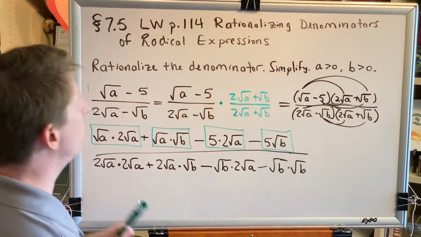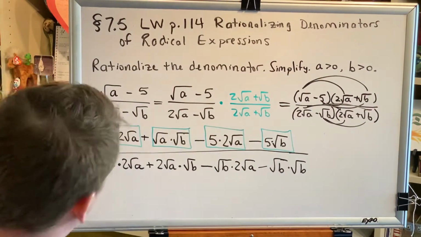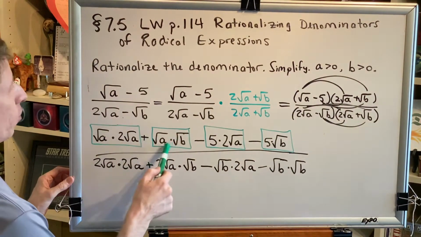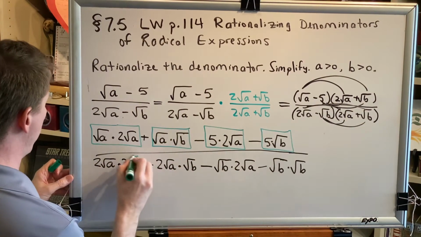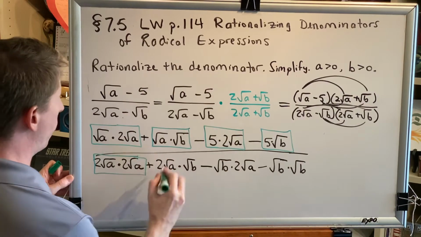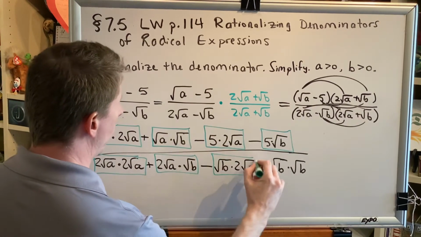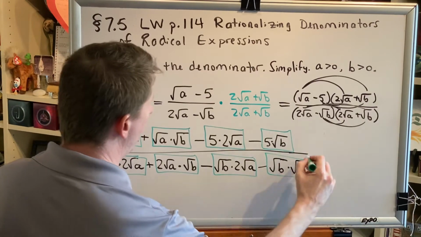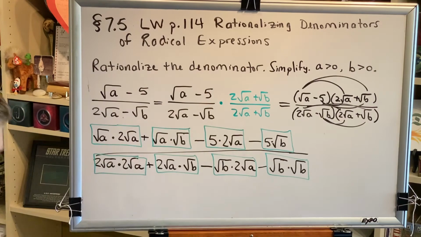Take the time to think about your problem and make sure it is written correctly. You should have product, sign, product, sign, product, sign, product. This is going to be true down in your denominator as well. A product, a product, a product, and a product. And between each one, you have adding or subtracting signs.